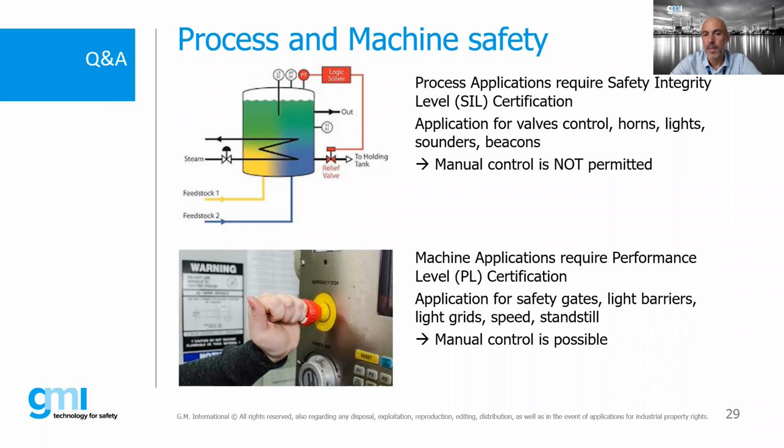The classic red mushroom buttons you find in factories go basically to an input of a safety relay for machine application. There is a different control, a different system, and here there is really manual control, because also the reset of the relays is permitted. So they are two different worlds and cannot be mixed with each other.